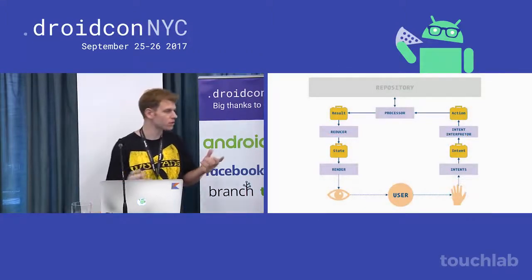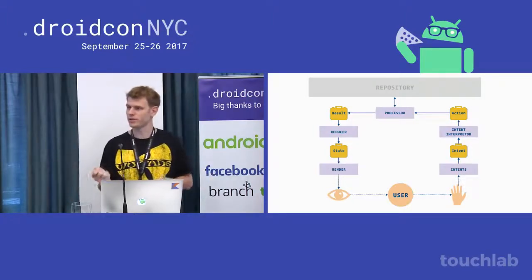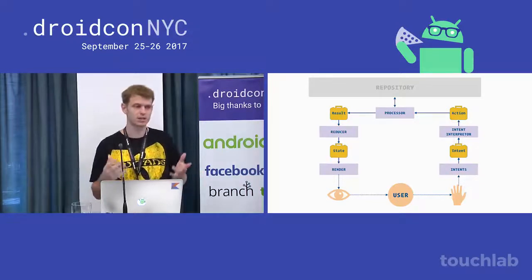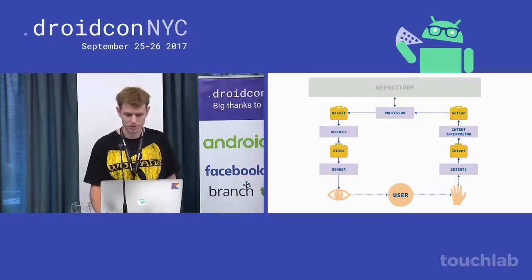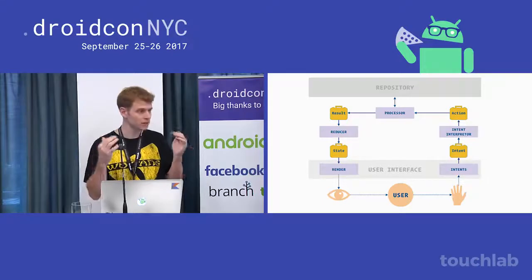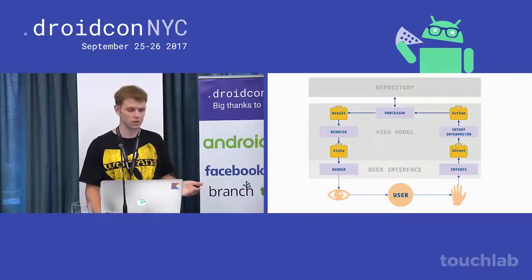Now, how would we actually code it? We want as little code as possible in the activity or the fragment or anything Android related, because it's hard to test and we want to be able to test everything on the JVM. So only the rendering and the intent listening should be in your fragment or activity, and then you go into a view model.